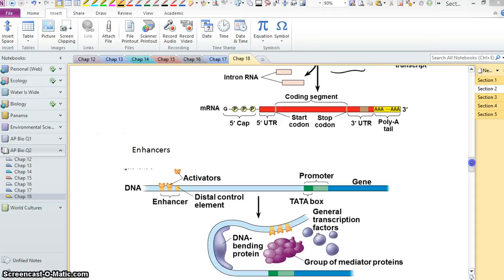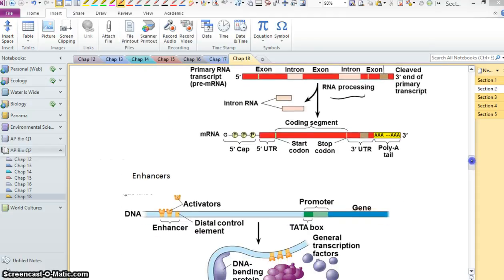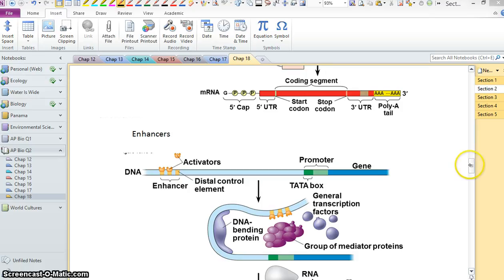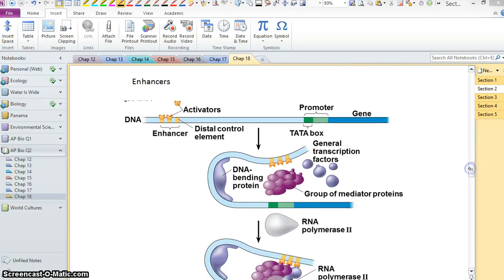In order for the mRNA to be made, for transcription to occur, for any RNA for that matter, you have to have certain compounds around. You have these transcription factors, these proteins, and we talked about the enhancers above. You have these compounds called activators that bind to these parts of the DNA upstream of the gene.